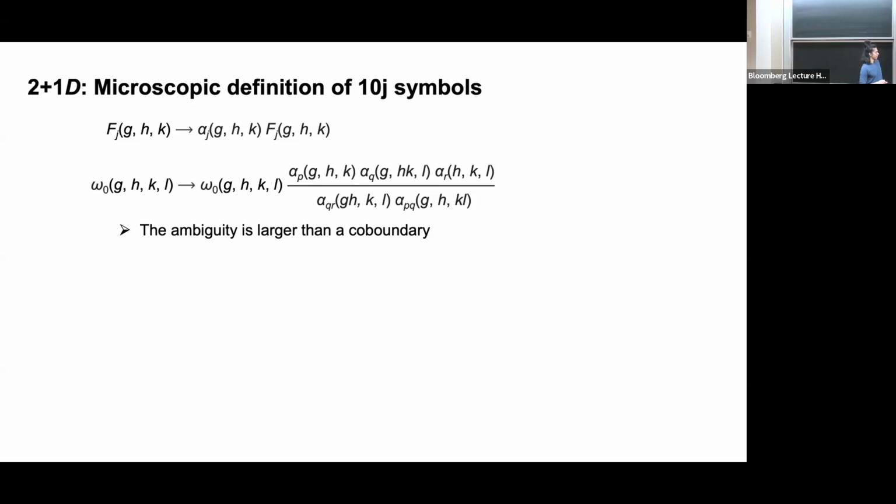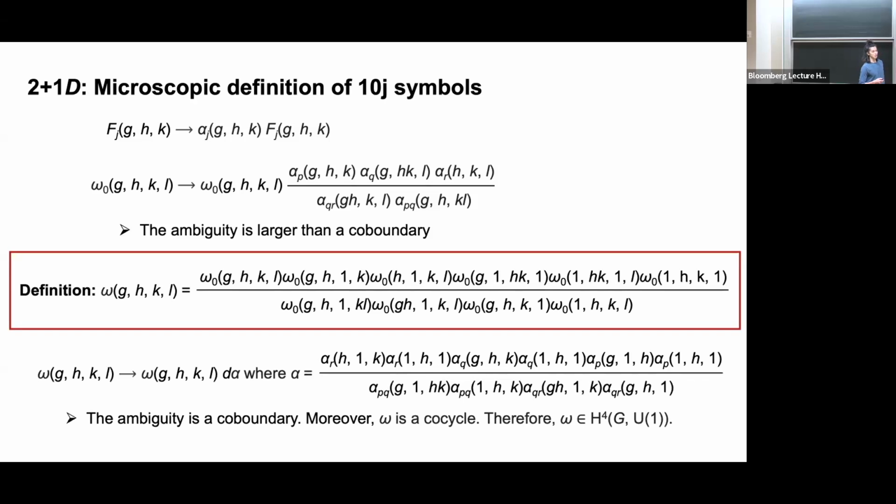And basically, the answer is yes, we can, but in this case we need a ratio of 10 different omega naught terms rather than just 2. This ratio has the bare omega naught symbol with arguments g, h, k, and l, and all of the 9 other elements in this ratio have at least one identity argument.